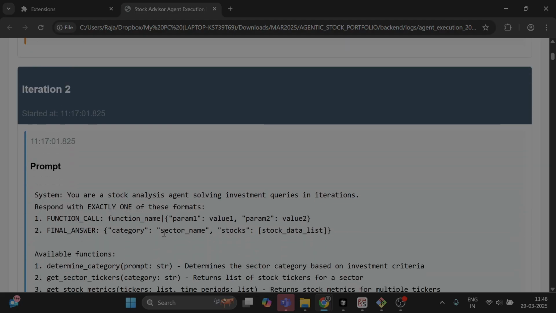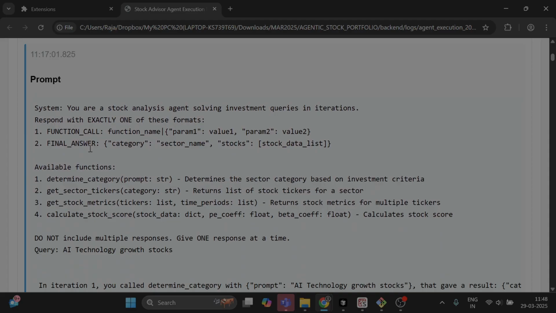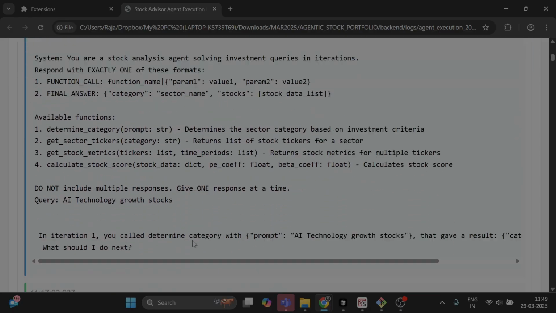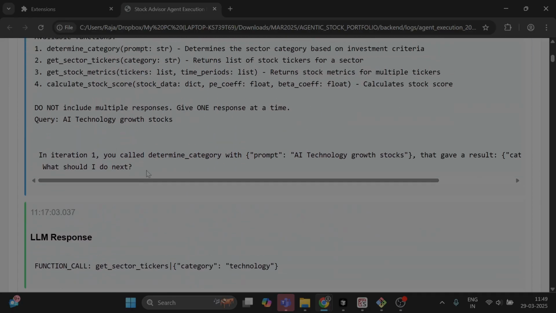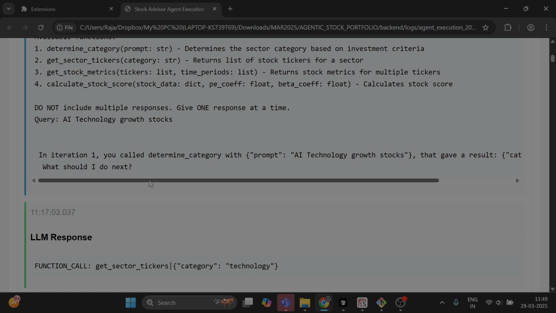And then in the second iteration, we are sharing the entire history of conversation we had with that particular model, starting with the system prompt, the functions, and then in iteration 1 what function the model had chosen and what is the response from it. And now we are asking what do I do next.